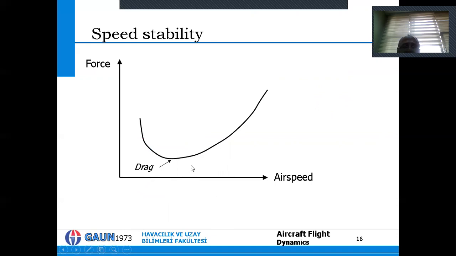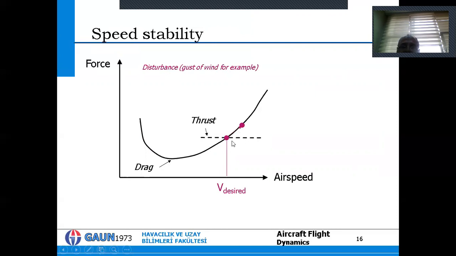But let us now assume a different scenario. Let's assume that the pilot flies at this point, okay? Of course, at this point, he requires this amount of thrust and the engine can produce this one, okay? Now let's assume that there is a disturbance, a gust of wind, for example.